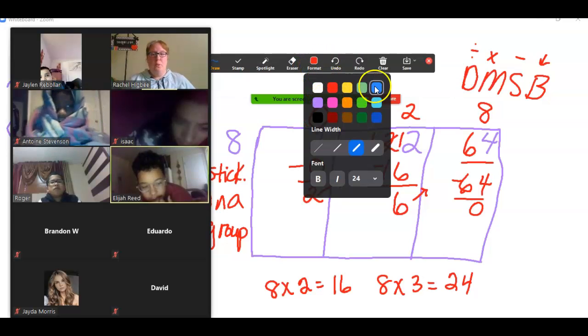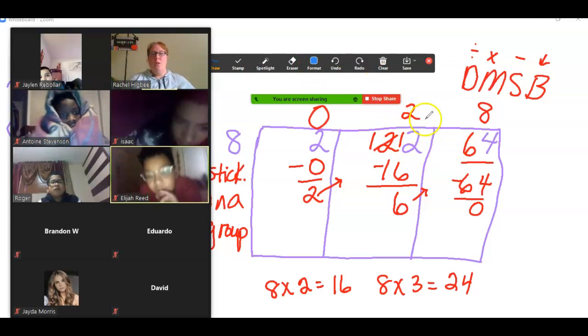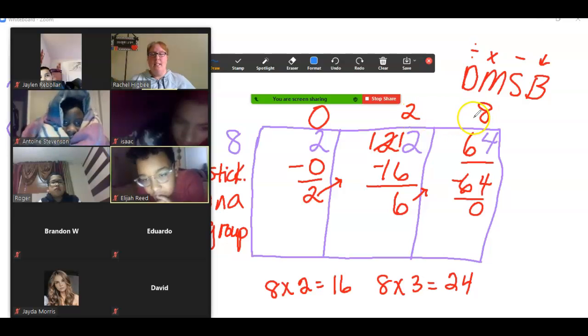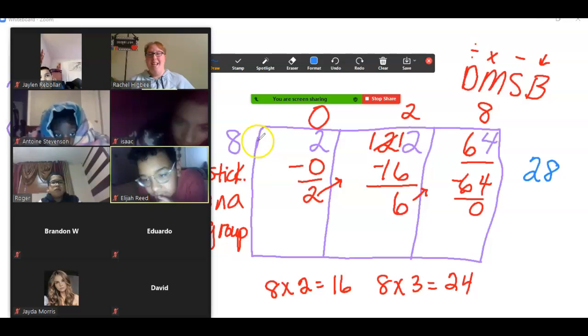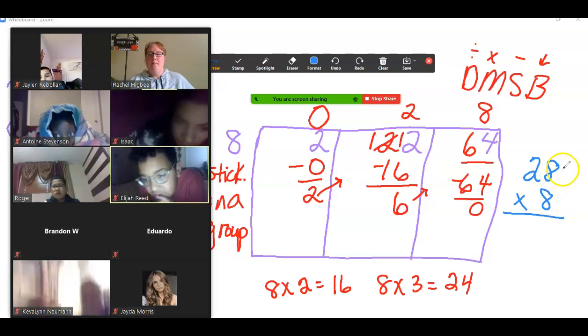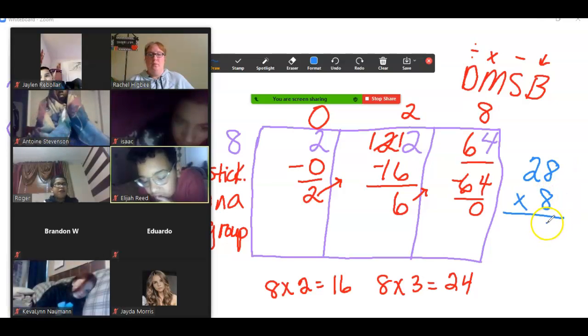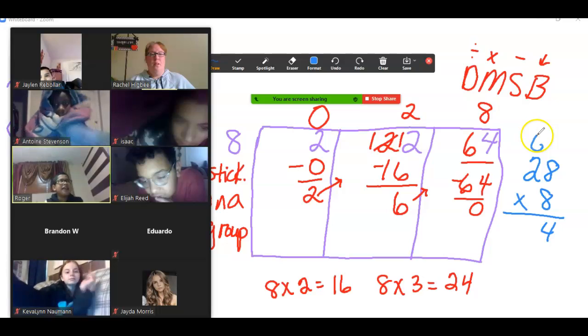Let's do blue. Okay. So I need to do 28 groups of stickers times 8 stickers in a group. Well, what's 8 times 8? Very good, Roger. Good.